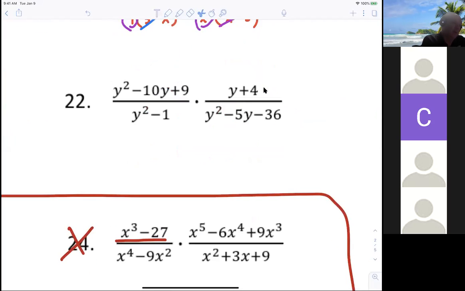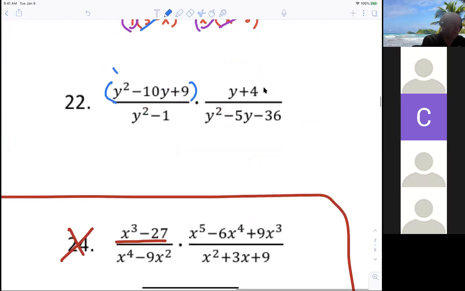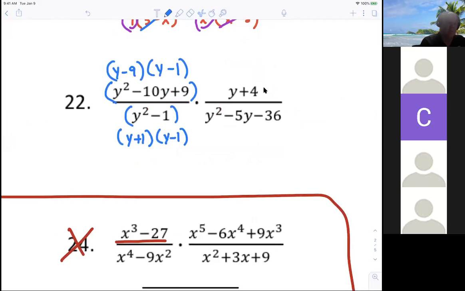Number 22. This factors into y minus 9 and y minus 1. This factors into y plus 1 and y minus 1. The bottom over here, factors of 36 that make 5 are 9 and 4, so y minus 9 and y plus 4.